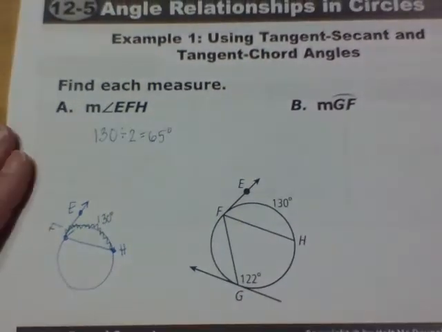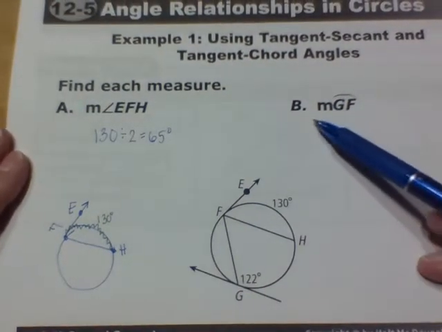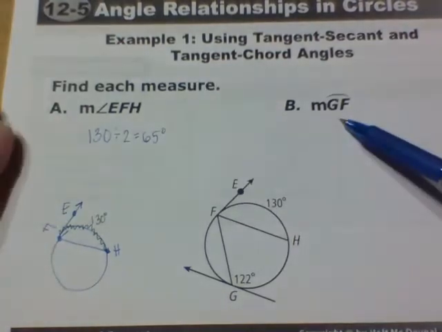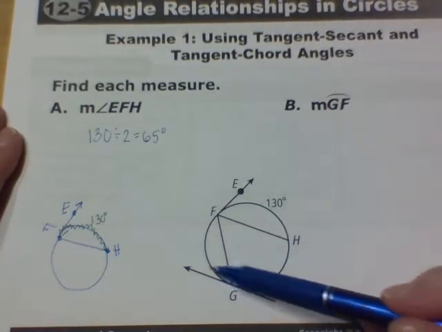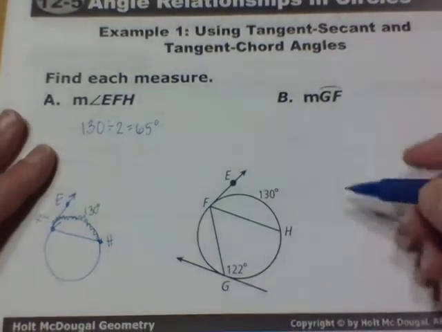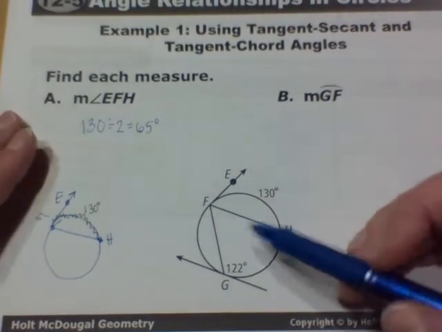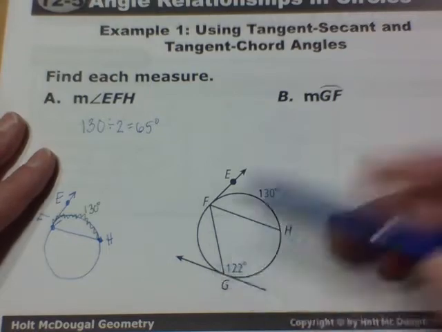All right. Then taking a look at this next one, now instead of the angle, they want the arc that they're talking about. So we're talking about the arc from G to F. So let's see, G to F. Okay.